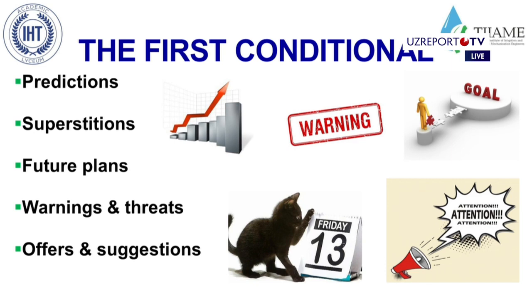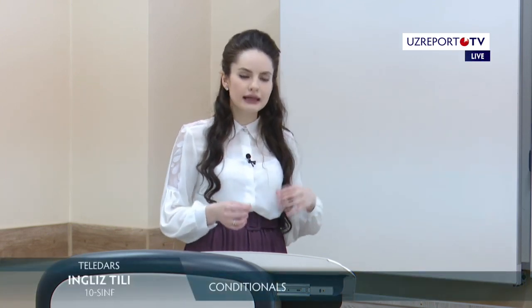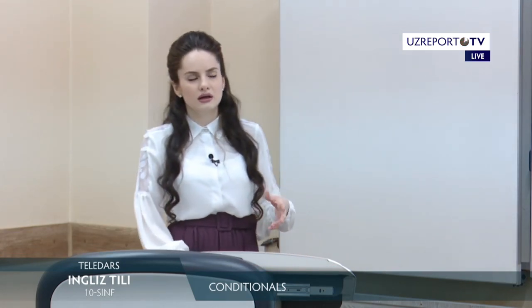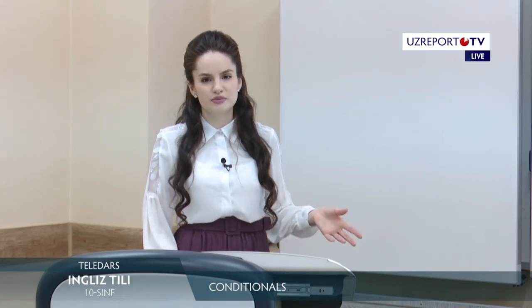The first one is predictions. Predictions, what is it? It is some information, some ideas that we may give according to some research that was made before. Or superstitions. Superstitions are beliefs that people have on the basis of supernatural power.